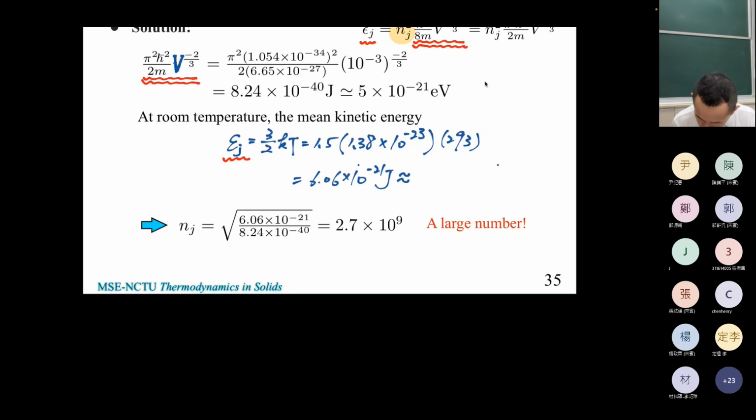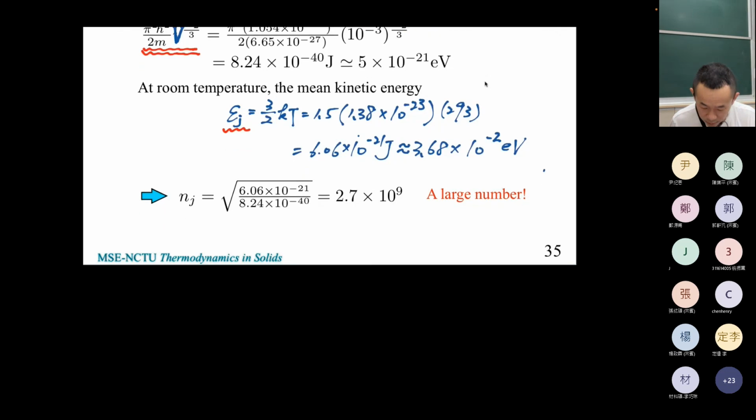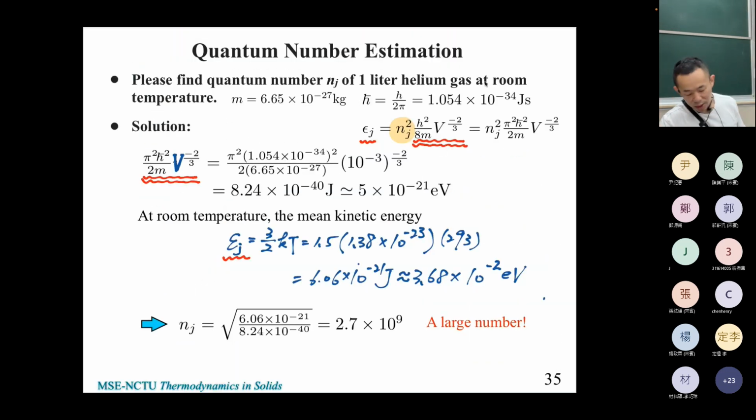It's approximately 3.8 times 10 to the minus 2 electron volts. Okay, so epsilon j looks like this.